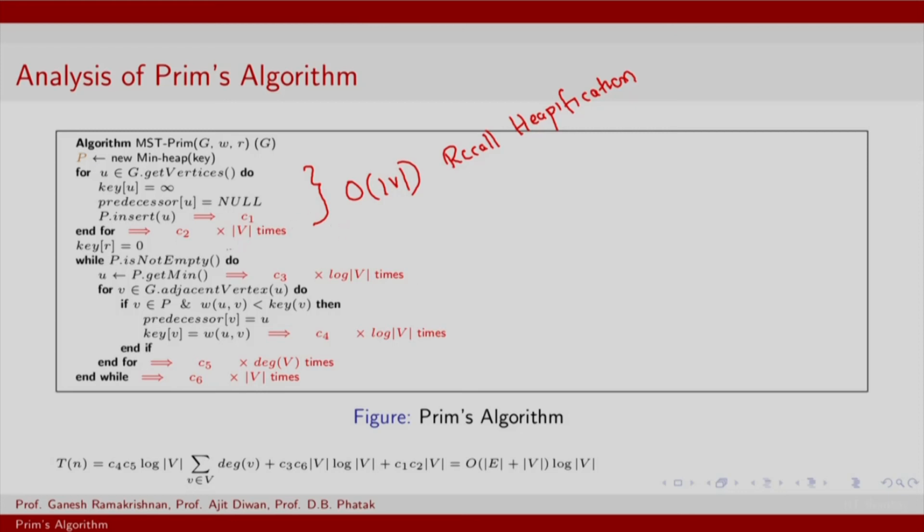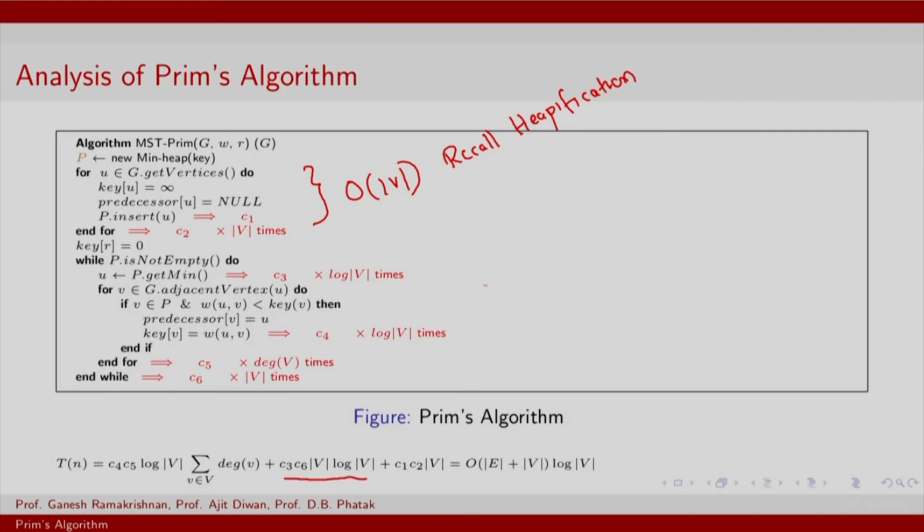So this is basically C1 times C2 times V. The next step is to find the smallest element in the min heap, and you need to keep doing this for as long as the heap does not get empty. So this will happen order V times, and every time you are going to do a C3 times order log V access into the min heap. So this gives you C3 times C6 times V log V.